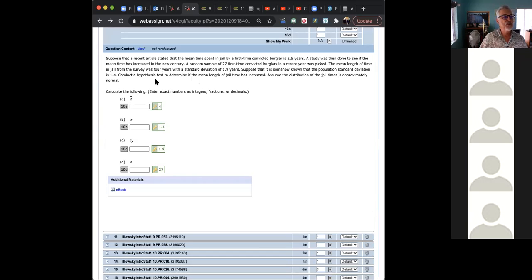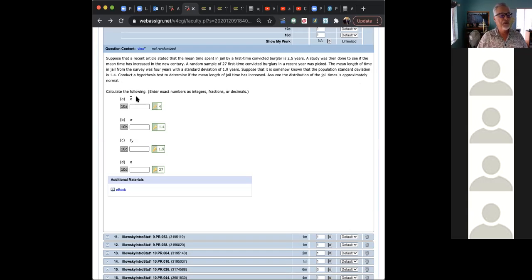The mean length of time in jail from the survey was 4 years with a standard deviation of 1.9. Okay. Suppose that it is somehow known that the population standard deviation is 1.4. Conduct a hypothesis test to determine if the mean length of jail time has increased. Assume the distribution of the jail times is approximately normal.